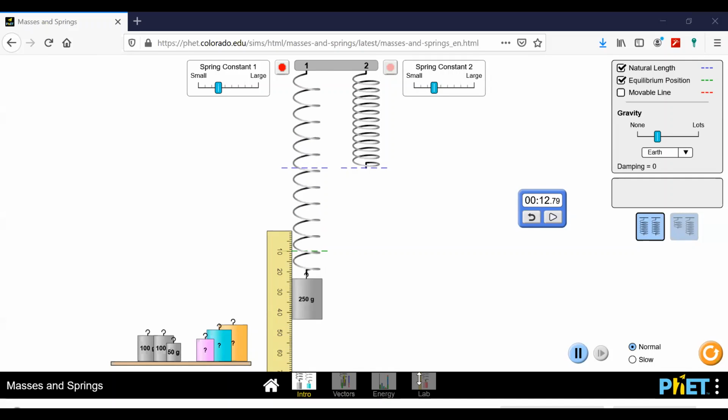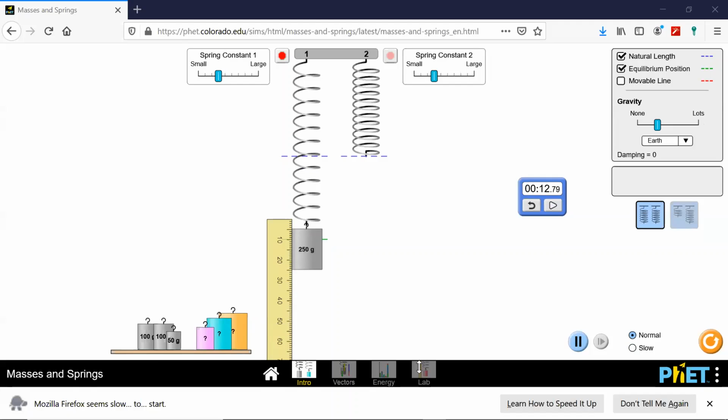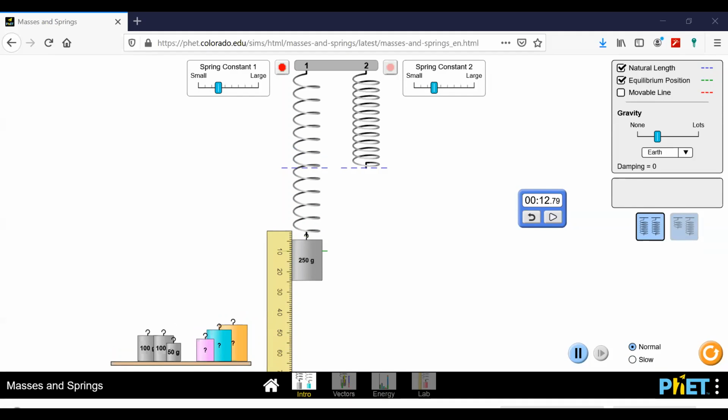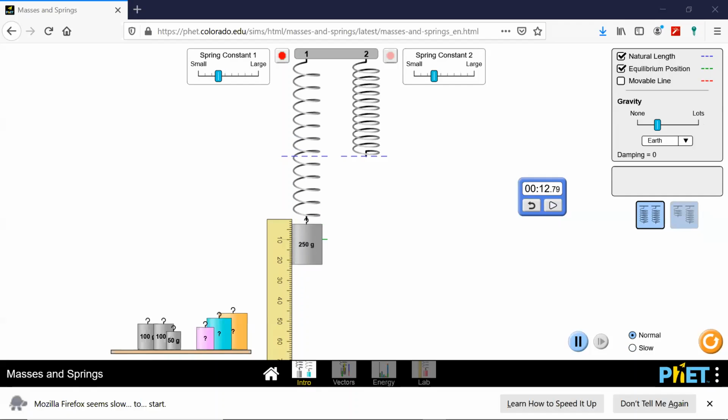So let me do that. 2 times pi divided by the period, which is 1.279, and I get omega, which is 4.9. We write that down.